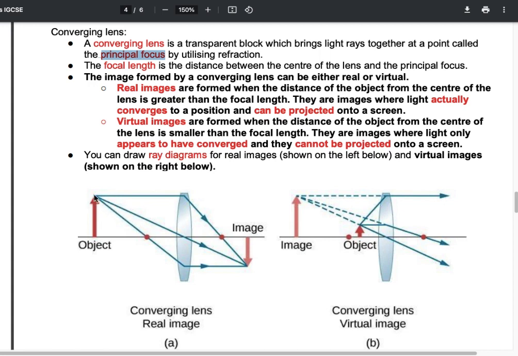The first one is any ray that passes through the optical center will remain undeviated, meaning it will go straight without being refracted.